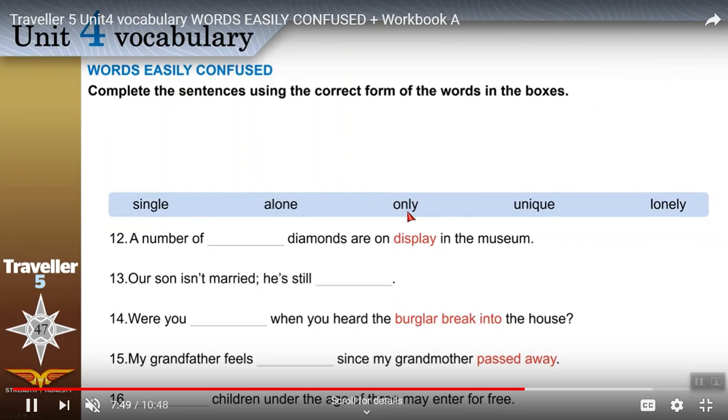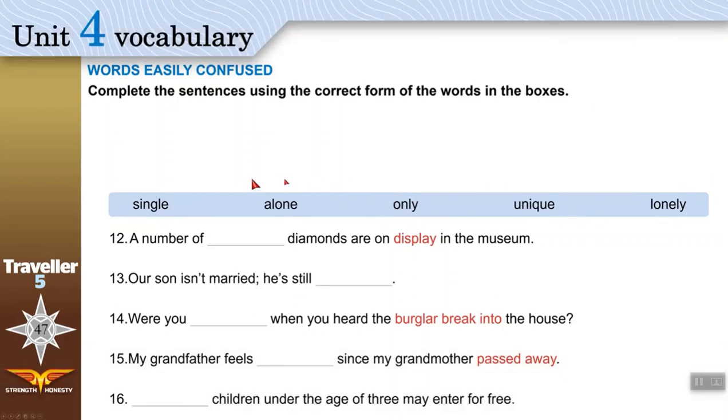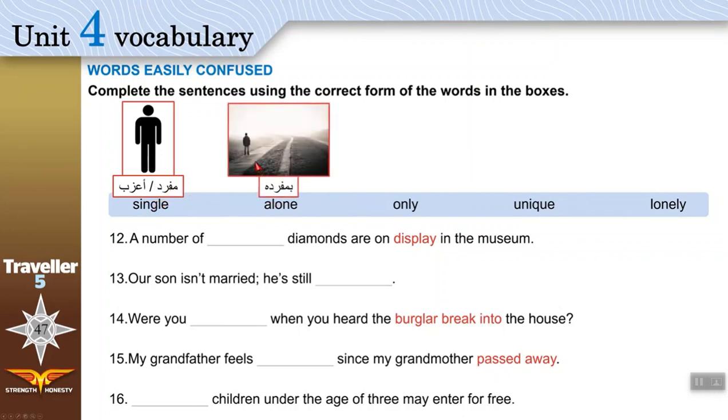Now the last group of the words: single, alone, only, unique, lonely. These are adjectives, except for only, which is a conjunction. Single can mean not married or having no partner, or all by himself or herself.